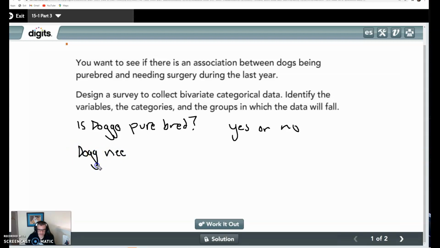So doggo needs surgery. And again, the categories would be yes or no.